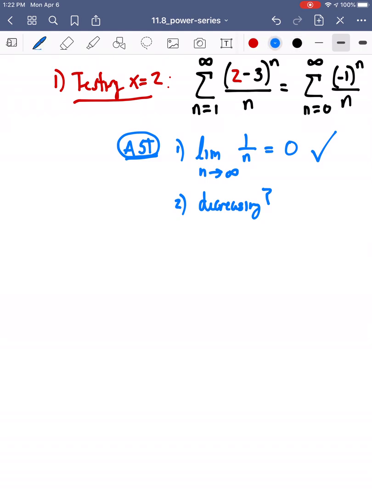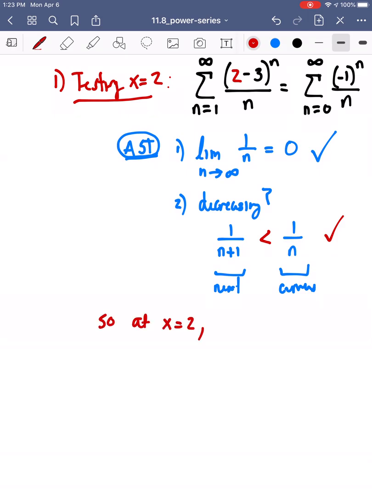And in this case, if we have the next term in the series and we have the current term, we can see the numerators are the same, directly comparing the denominator. That right-hand side is larger than the left-hand side, so the terms are decreasing. So at x equals 2, the power series converges.